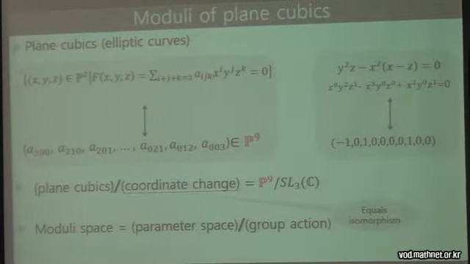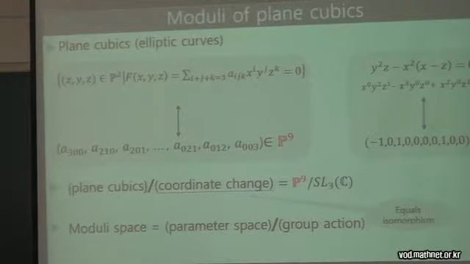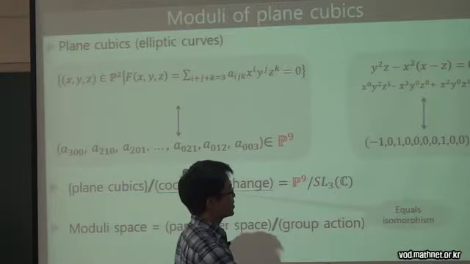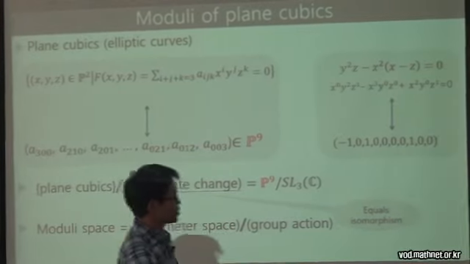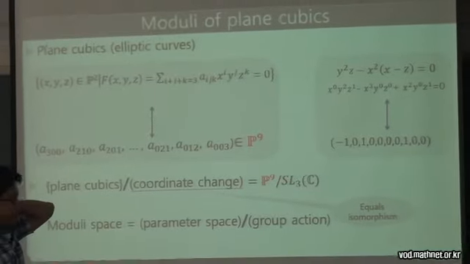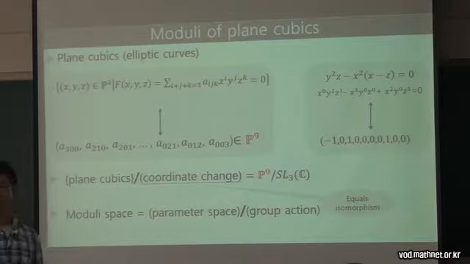So in this case, the moduli of plane cubics is these plane cubic sets modulo isomorphism. In general, a moduli space is more often than not a parameter space with a group action identifying these isomorphic objects.